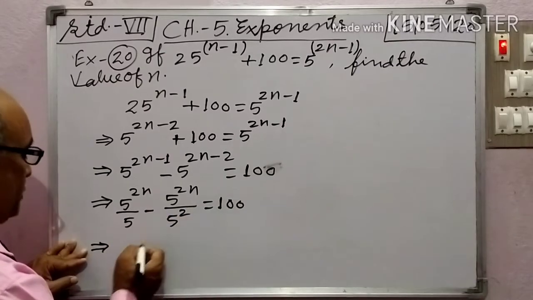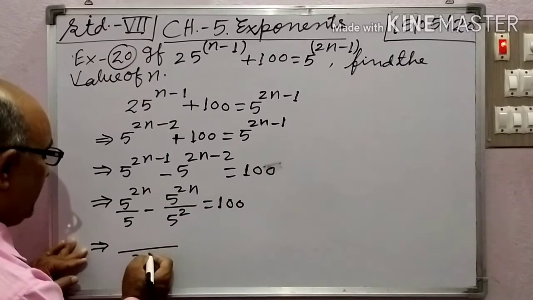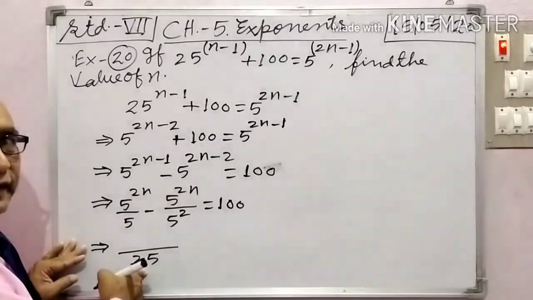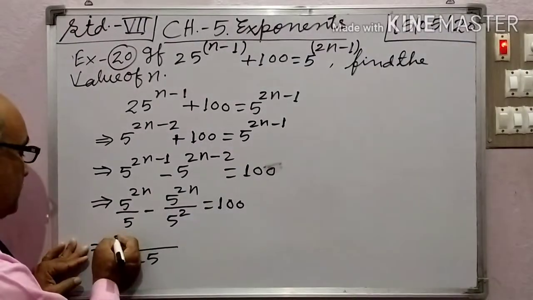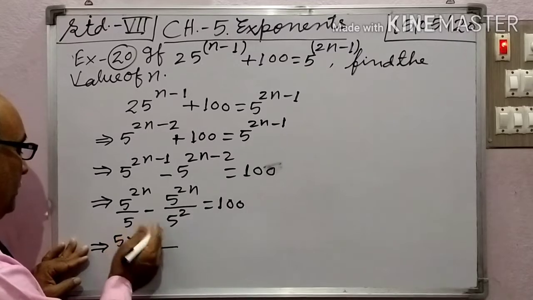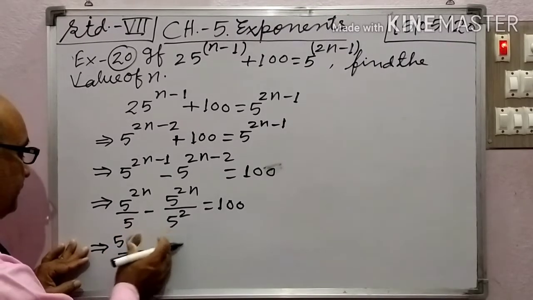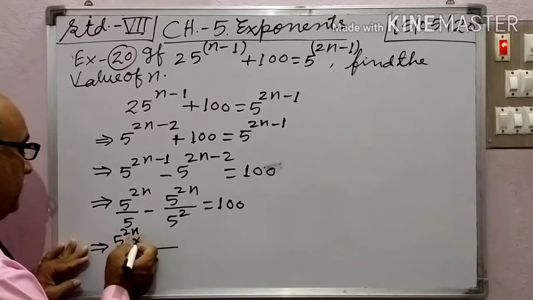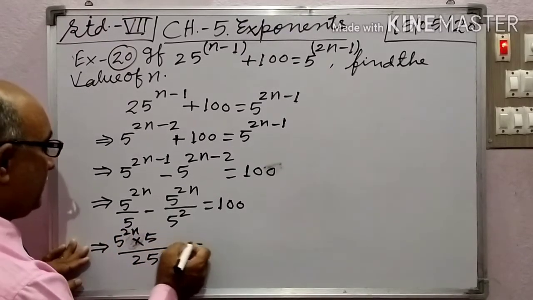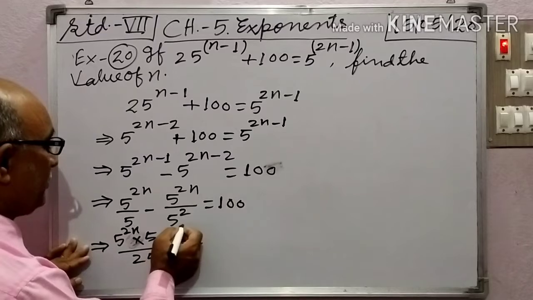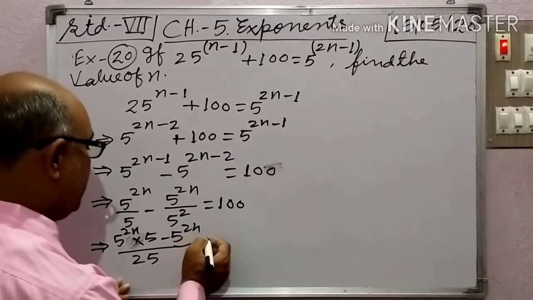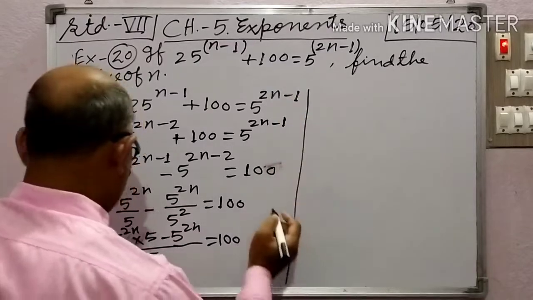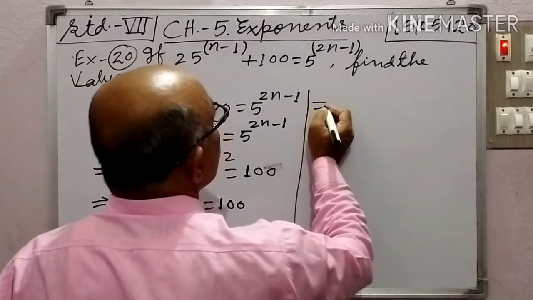Next step, 5 to the power 2 means 25. So LCM is 25. 25 divided by 5 is 5, so 5 into 5 to the power 2n minus 5 to the power 2n equals 100.